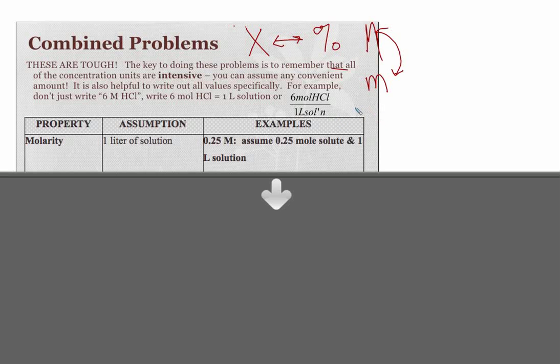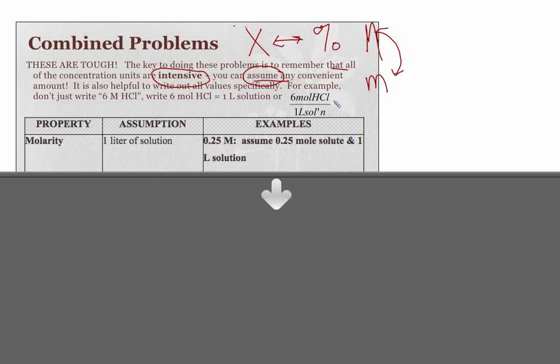And I think one of the key things to realize when you're doing this is that all of these are intensive. So we're going to often be assuming a convenient starting amount. You may be given a starting amount, but more often than not, we're going to have to assume a given amount.